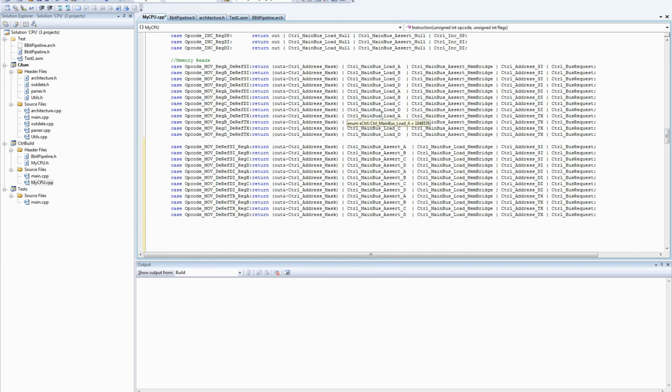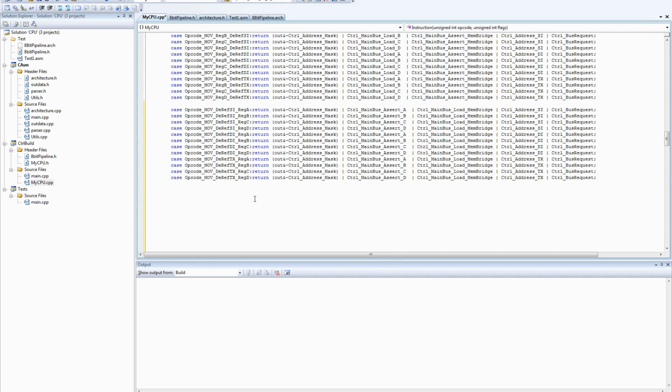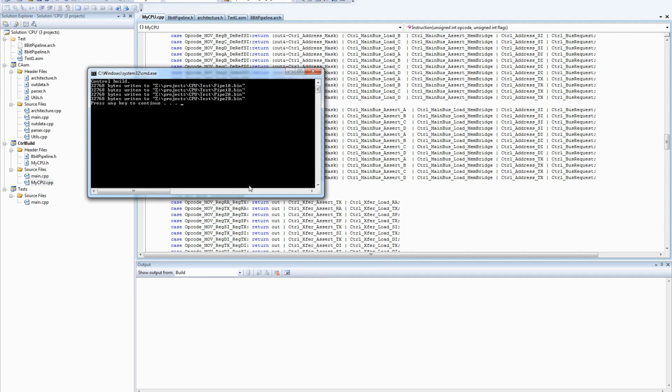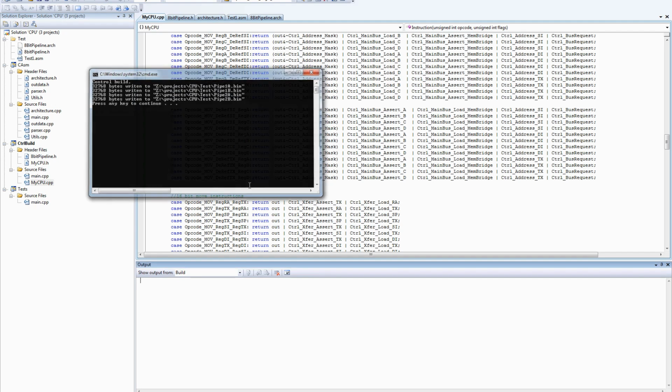Really should do load and assert, or memory read and memory write versions for TL and TH as well, but it doesn't really impact us today. Right, so it should be program ROM and pipeline 2A I need to update.